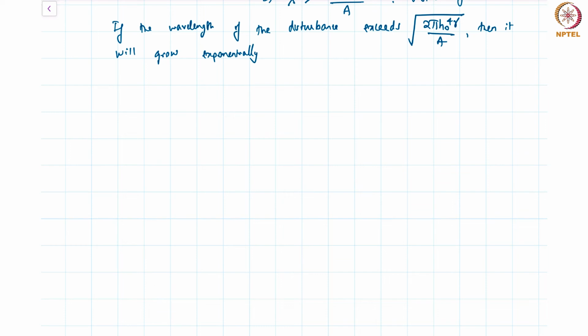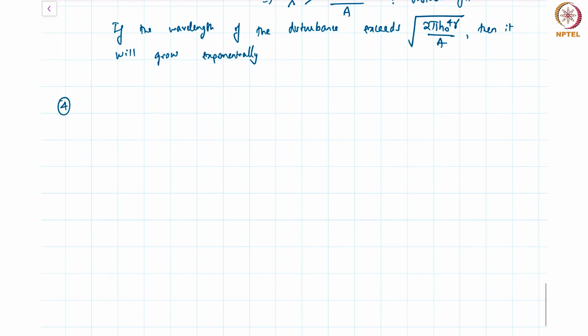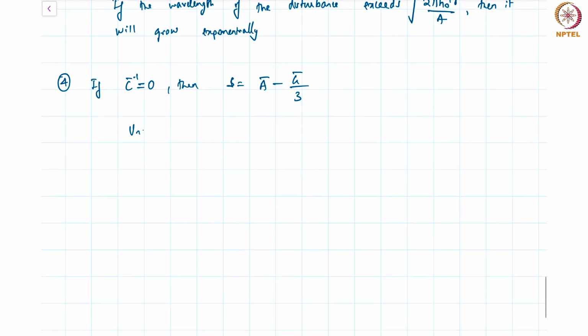We'll look at another special case. This is case number 4. If the surface tension term is 0, that is the 1 by C term is 0, then we have the non-dimensional growth rate S equal to A bar minus G bar by 3, and we have instability if A bar is greater than G bar by 3.